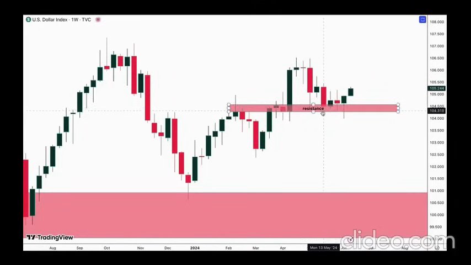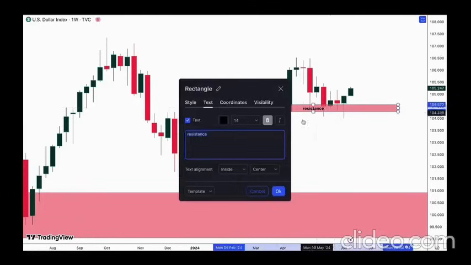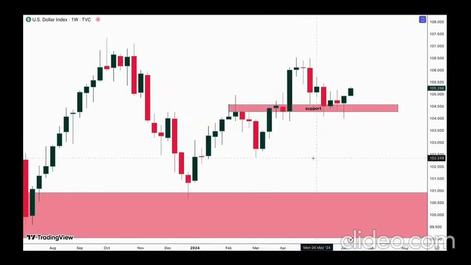So as you can see, after the resistance got broken, the market turned this zone to support. Let me label this again. Previously it was resistance, but this time it is a support zone.